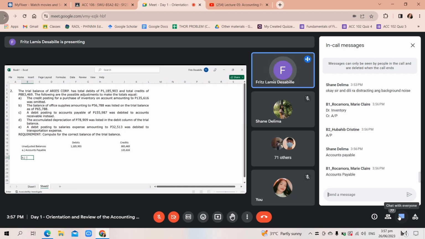The balance of office supplies amounting to 56,788 was listed on the trial balance as 65,788. Unsay tawagan nga error?